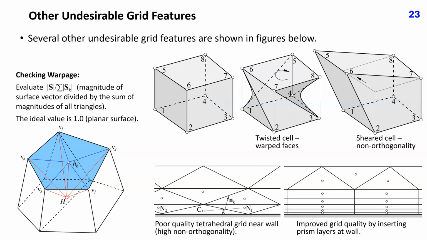Several other undesirable grid features are shown in these figures. If the top face of a Cartesian cell is rotated, the side faces become warped. If one face is sheared, the non-orthogonality arises. If tetrahedral or in 2D triangular cells are squished near a wall, high non-orthogonality becomes a problem.